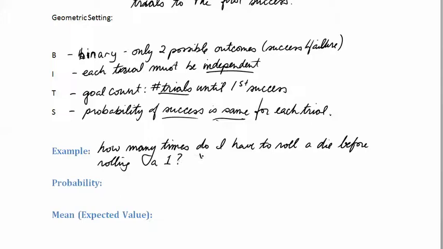Okay, so y in this case is the number of rolls to my first 1, and it's a 6-sided die.